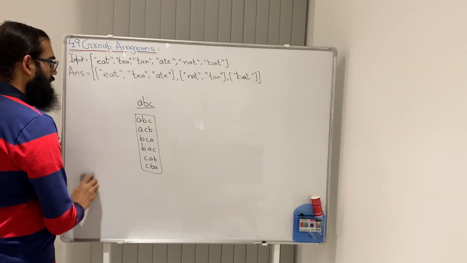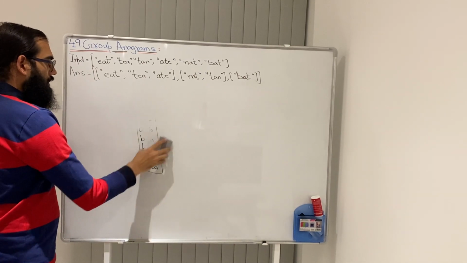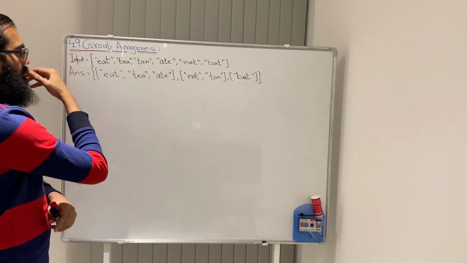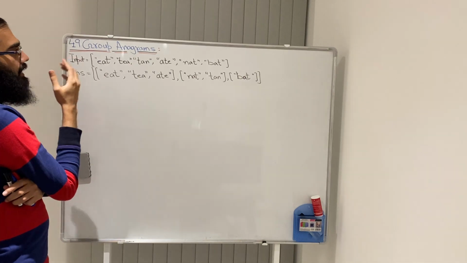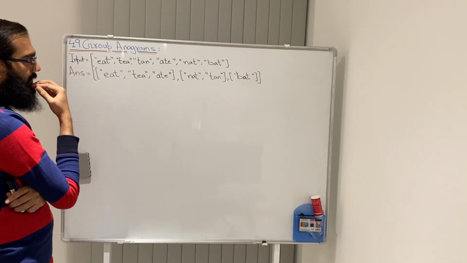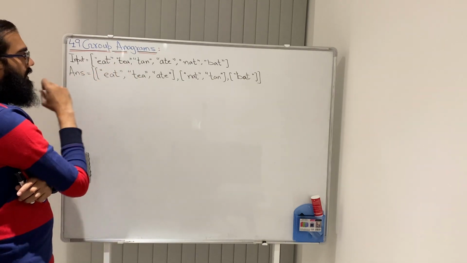Now the question is, we have this input list of strings, and we need to figure out which words are anagrams of each other and return a list of lists of strings.